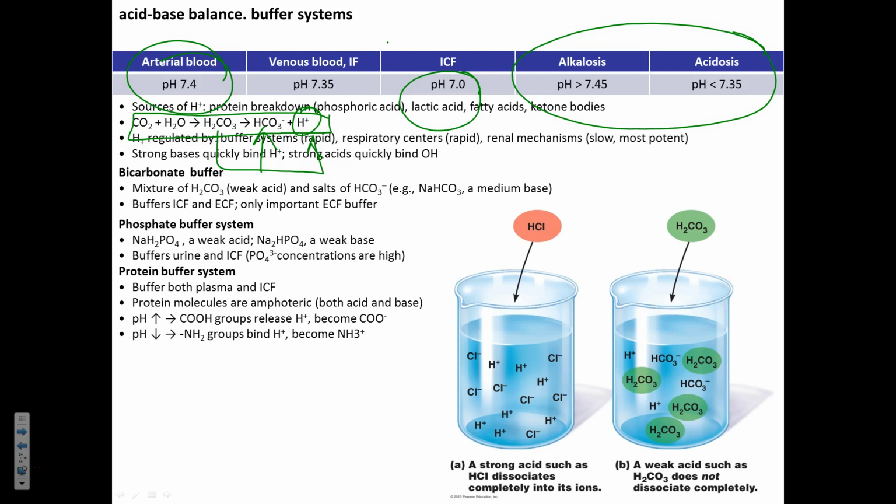Now, respiratory controls will also take over in the short term. If you develop acidosis, your breathing rate will increase. But the most important regulatory system is the kidneys. It will take them a while to adapt, but they are the best at regulating blood pH.